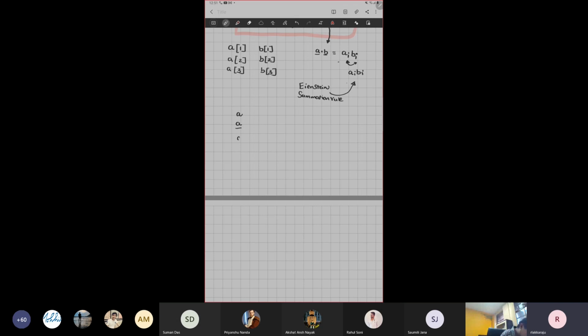If I am going to write this, this is what you call a second rank tensor, and so on. This is second rank, this is first rank, and this is zero rank, and this is a higher rank like third rank, and this is fourth rank.